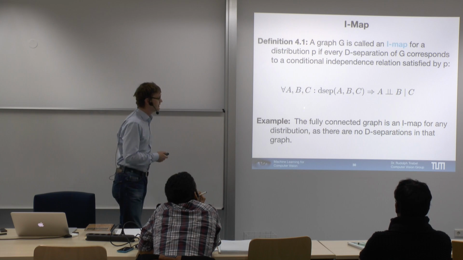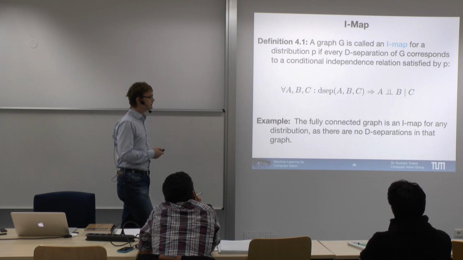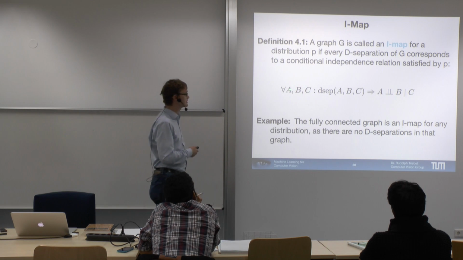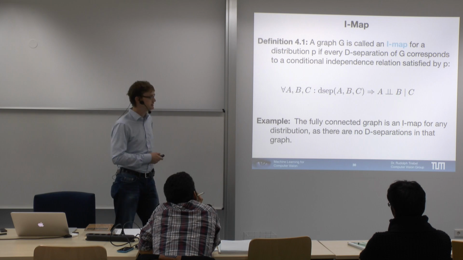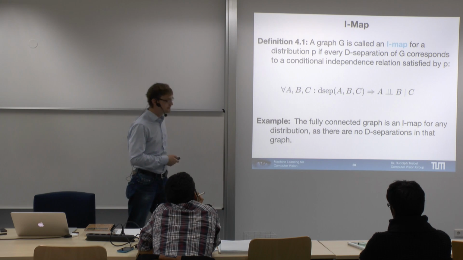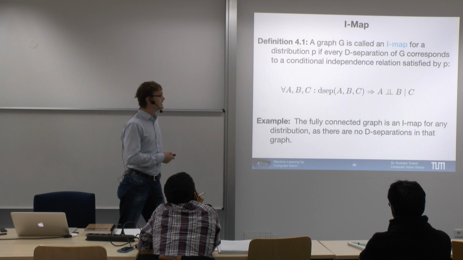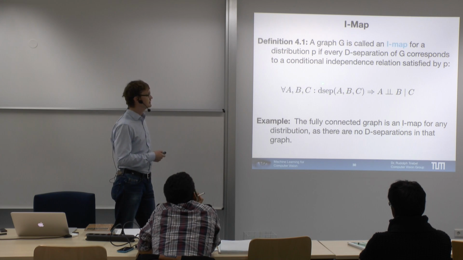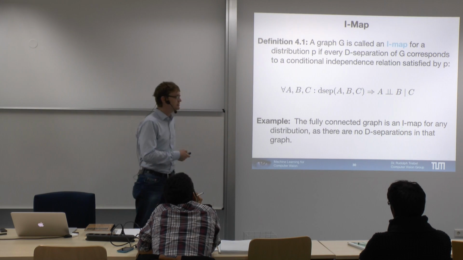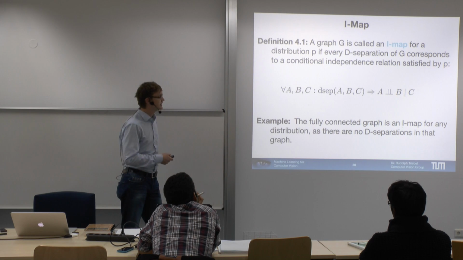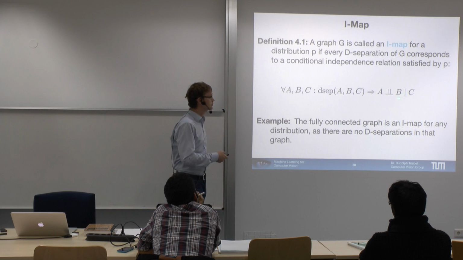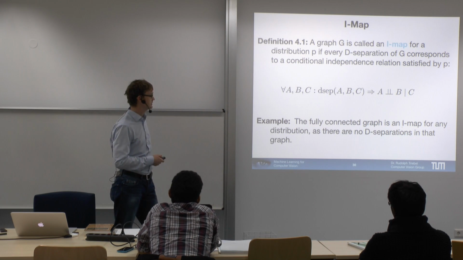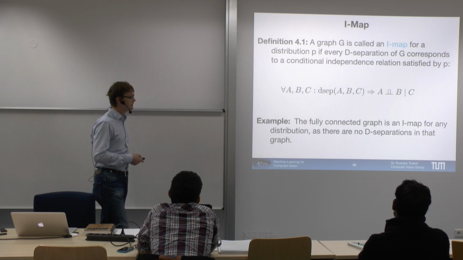What this basically means is that for any kind of triple A, B, C of nodes in that graph, it holds that whenever A, B, and C are d-separated, so if you say A is d-separated from B by C, if for all of these d-separation relationships it is true that A is conditionally independent of B given C, then we say that this graph is an I-map, right? That just maps all d-separations to conditional independence relationships. And a very simple example of that is the fully connected graph.